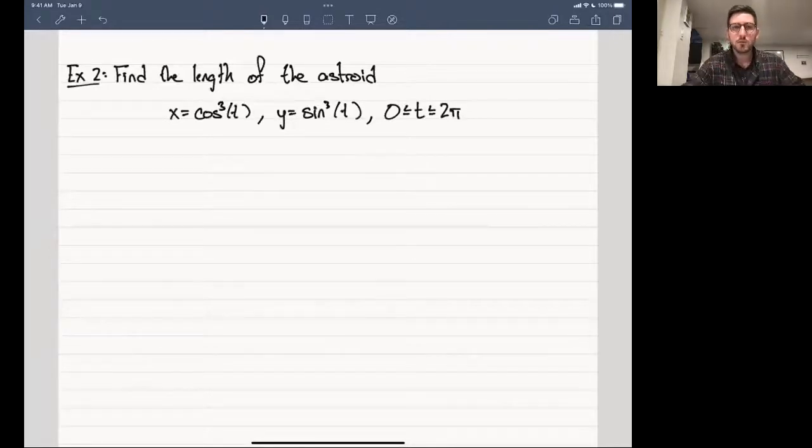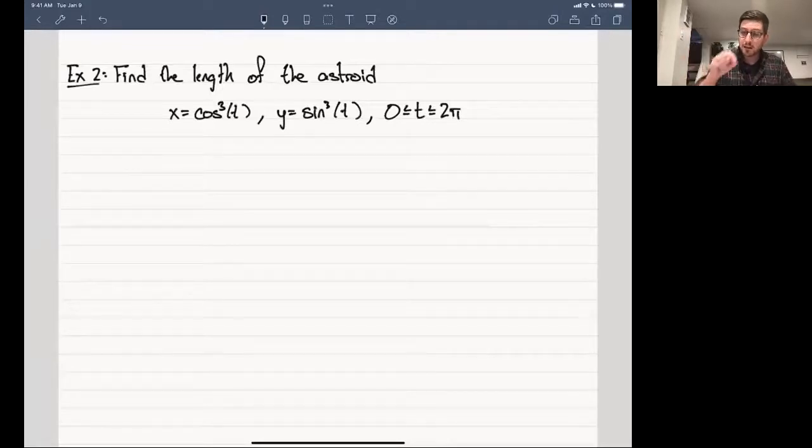So we can again take advantage of the symmetries. So we can just find the length in the top right quadrant, the first quadrant, and multiply it by 4. Again, the same thing that we did with the area. We found the area under the curve in the first quadrant and just multiplied it by 4.